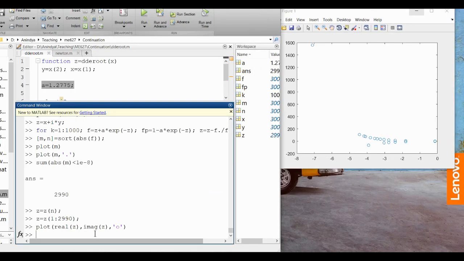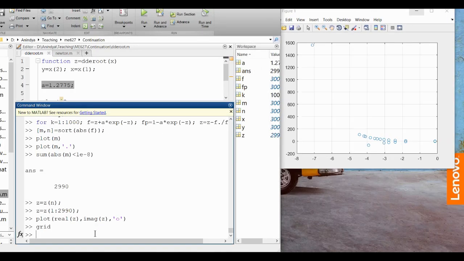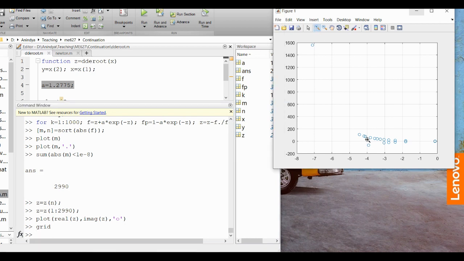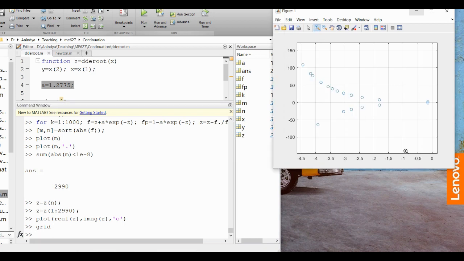This is the important part here. Let me try grid. Try grid here, and let's look here, and you will see that there are these roots here which we have to figure out. We may have missed some roots over there, but over here we are not getting anything else.